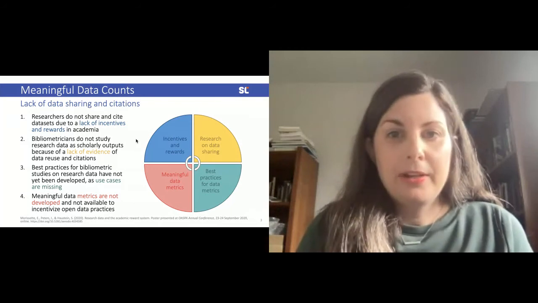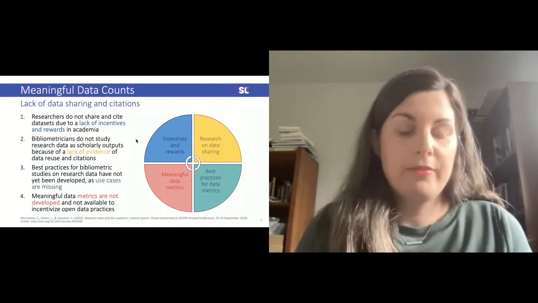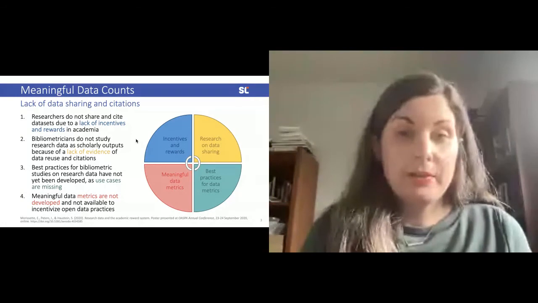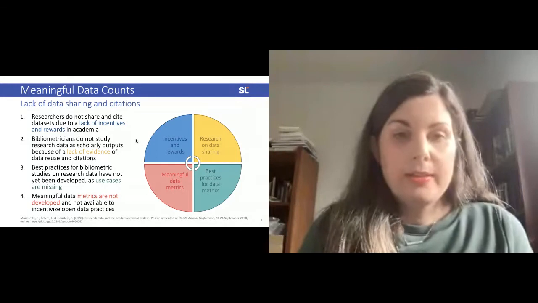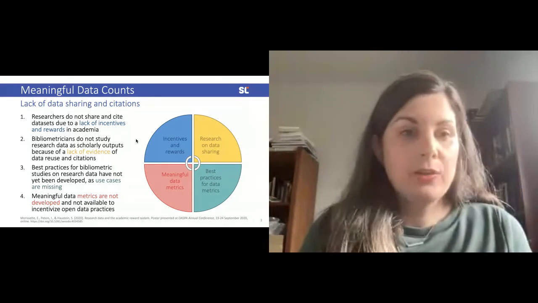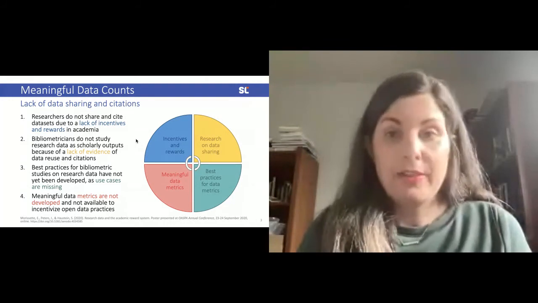And because there isn't a lot of data about this, we also don't have a lot of best practices that we should use for studying research data and constructing metrics, and the use cases are really missing. And finally, that's why we haven't developed any meaningful metrics. And that feeds back into the lack of incentives and rewards.